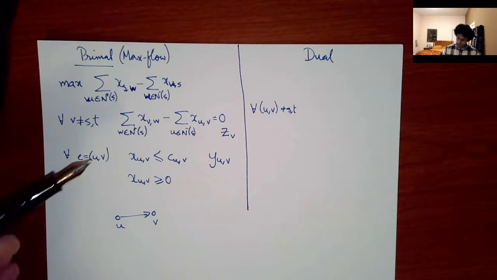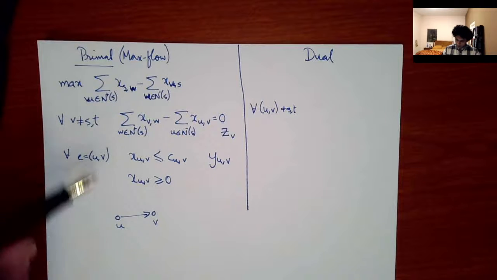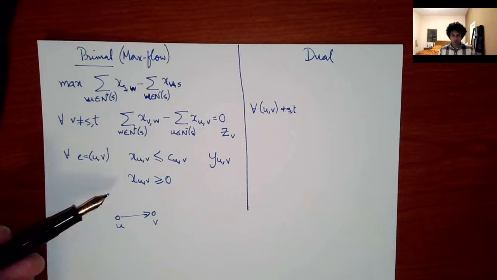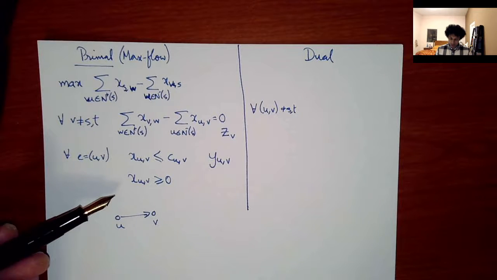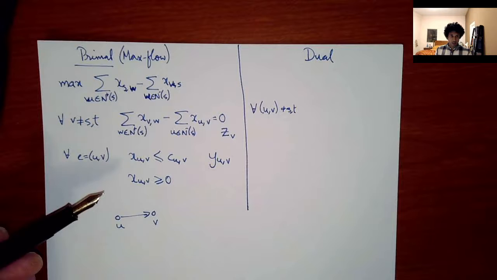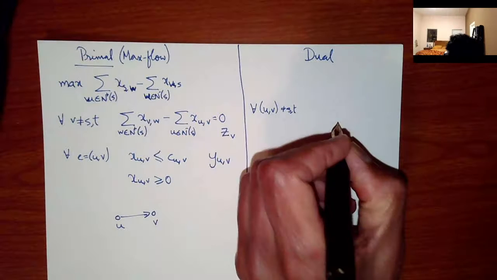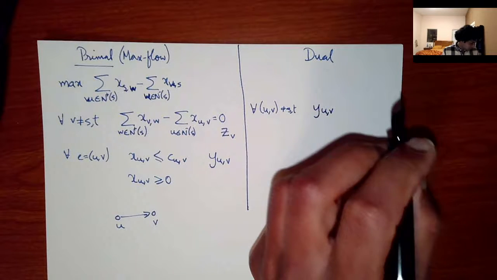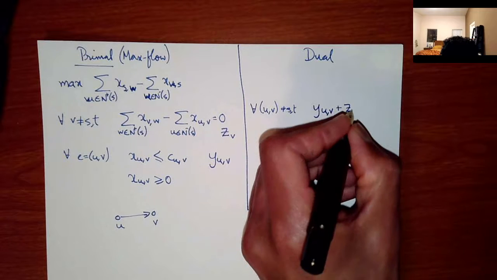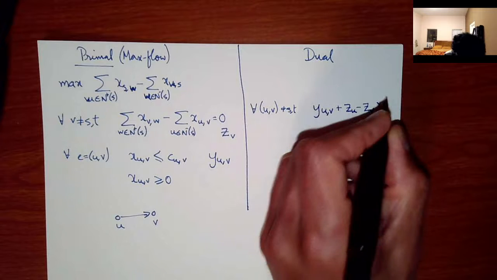Because all the variables are non-negative, I get an inequality constraint. So if I write this out, what I will get is yuv plus zu minus zv is greater than or equal to 0.